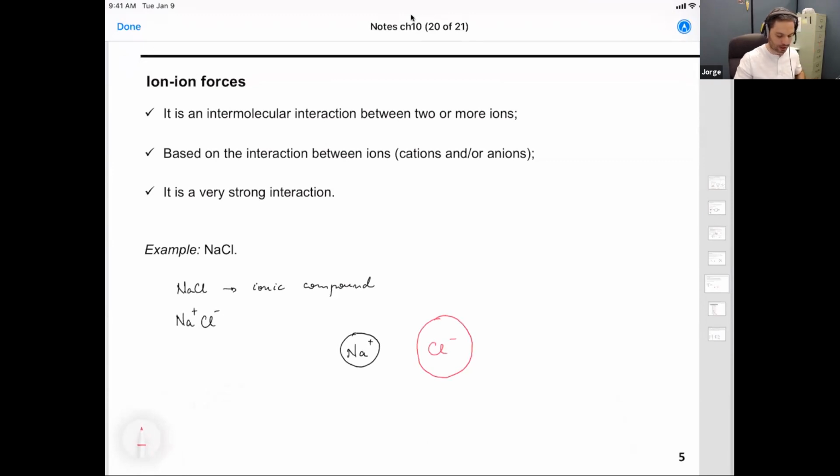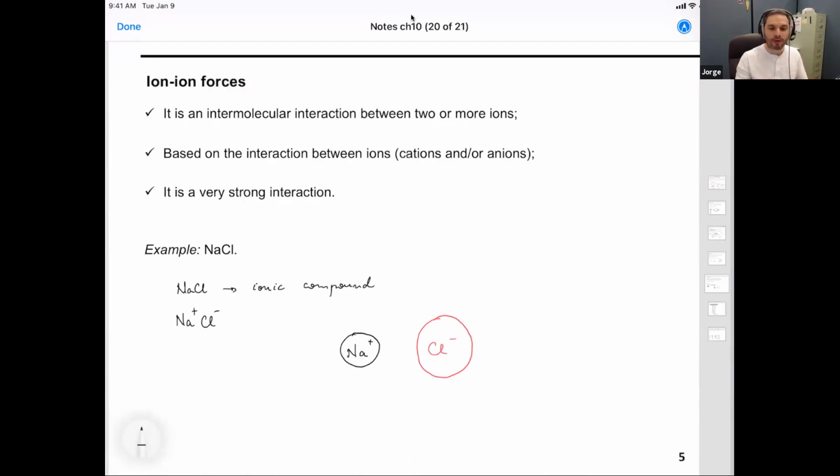See here that I intentionally draw sodium plus as a small ion and chloride as a large ion. That's because when sodium loses an electron, it shrinks, and when chlorine gains an electron, it increases its radius.